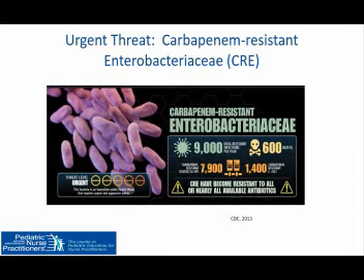CRE, Carbapenem-resistant Enterobacteriaceae, is E. coli, all right? So that's our E. coli and some of the other pathogens, Klebsiella. These are ones that are resistant to nearly all antibiotics, and that's why they're an urgent threat. If a patient gets these, they have a really poor outcome.